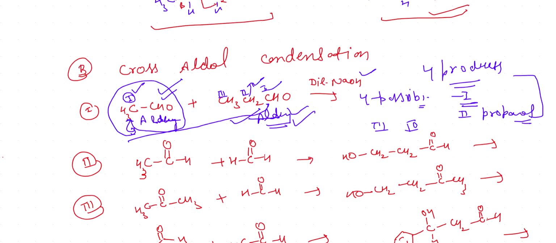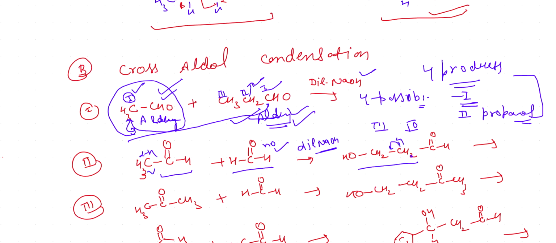In this case, one is acetaldehyde, another is formaldehyde. Acetaldehyde has alpha hydrogen and formaldehyde has no alpha hydrogen. That's why if it is undergoing a reaction through basic condition, then the alpha hydrogen will be abstracted from this reactant, and it will lead to formation of an intermediate, that is aldol, and further hydrogen will be abstracted from here and the hydroxy group will be removed.